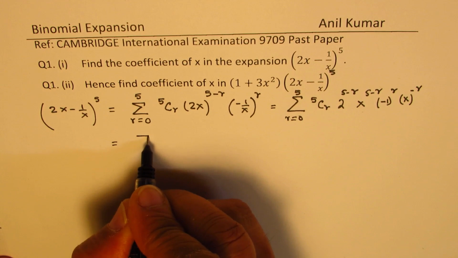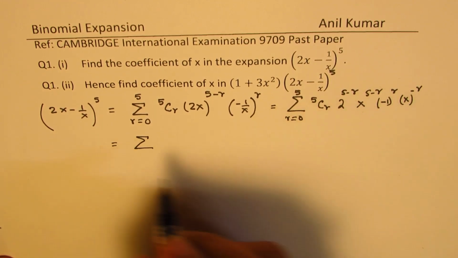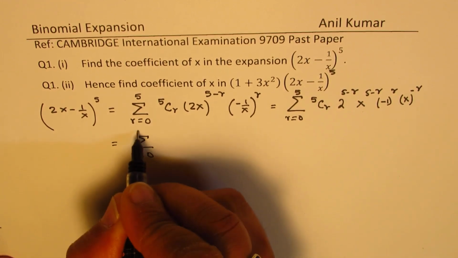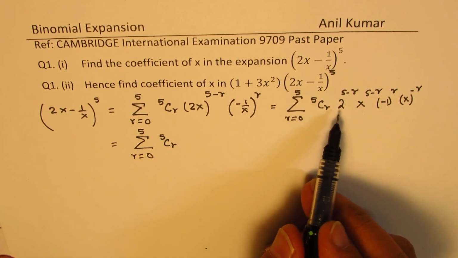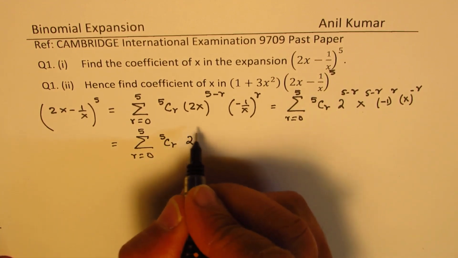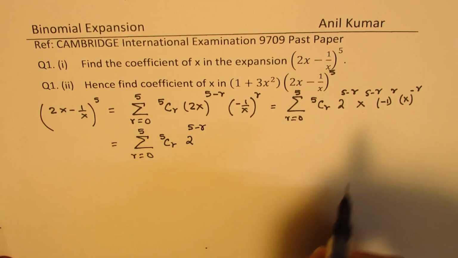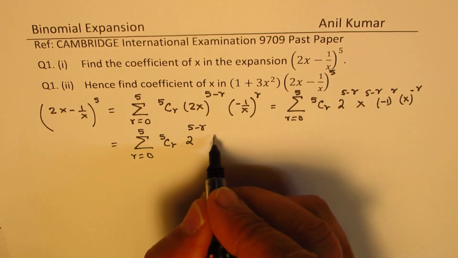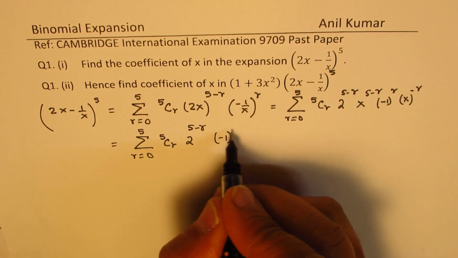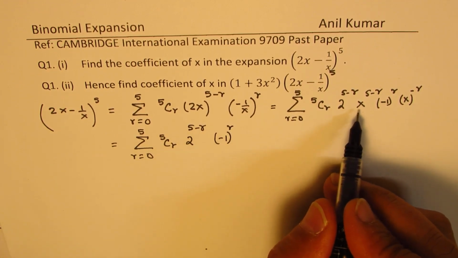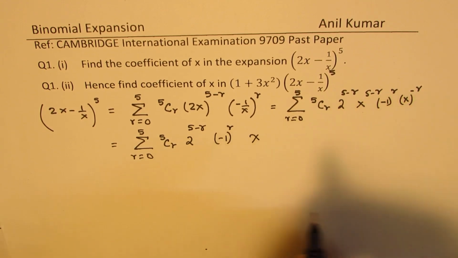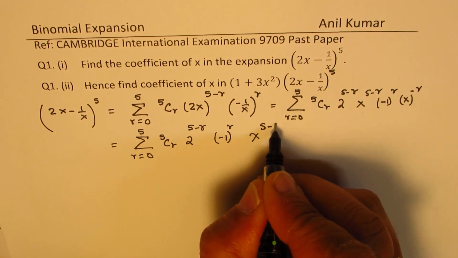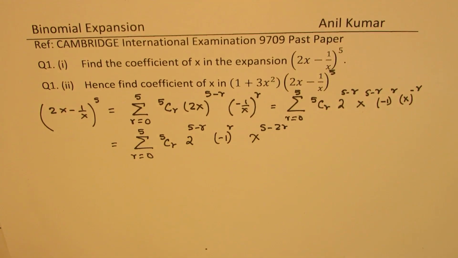So let's write the general term. Simplifying these, r equals 0 to 5, 5Cr, 2 to the power of 5 minus r, that's a constant, (-1) to the power of r, and x to the power of 5 minus r minus r, right? Or 5 minus 2r. Correct?